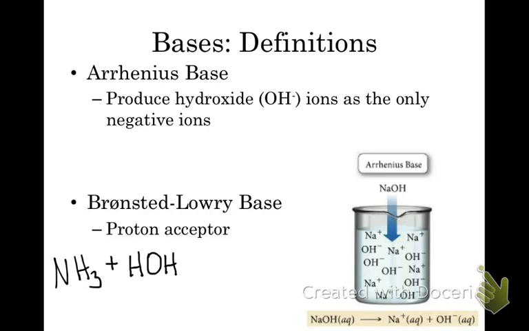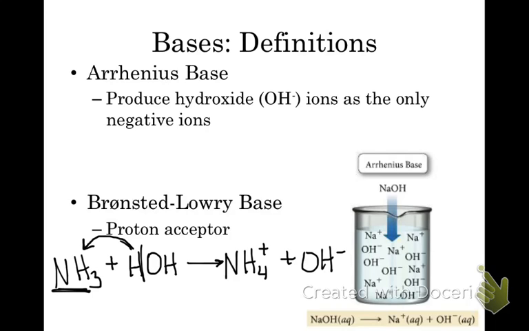It's still the same thing as H2O, but you'll see here why we do that. What the NH3 base will do is take on a proton. It's going to take this H+ away from the water. That ends up becoming NH4+, and then OH- is left over once that H moves over to the NH3.